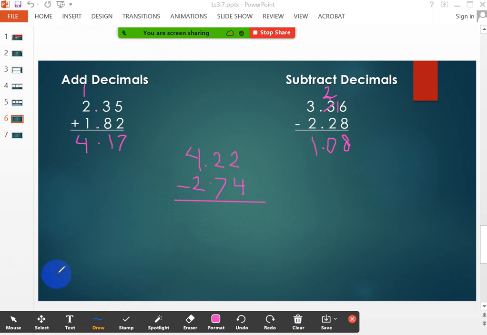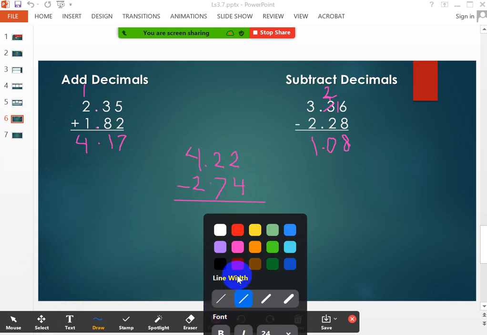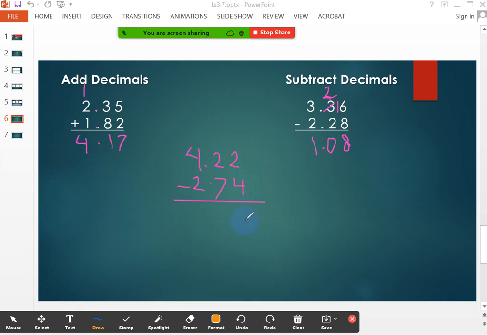Okay, Wajd, could you help me please to subtract those decimal numbers? First thing, I will start from the right side. 2 minus 4. I can't subtract. What do I have to do? Borrow from the 2. Very good.